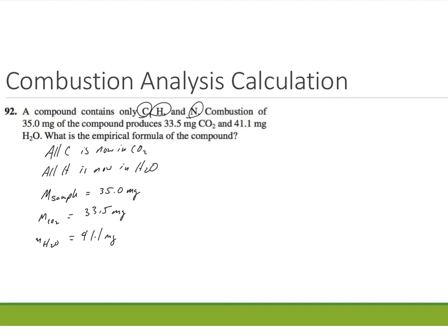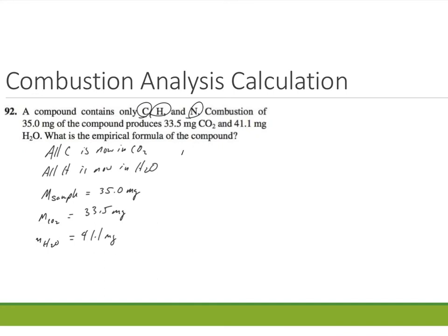So the first step, we need to determine how much carbon is actually in the CO2. Now there are a few ways to determine the amount of carbon in the CO2 and the amount of hydrogen in the water. You could determine the mass percentage of hydrogen in water and the mass percentage of carbon in CO2 and multiply those two. Or you could do this.